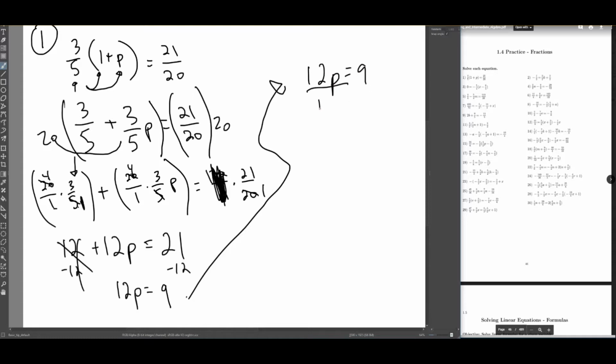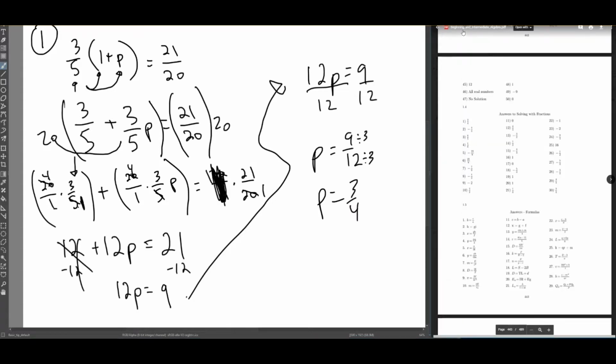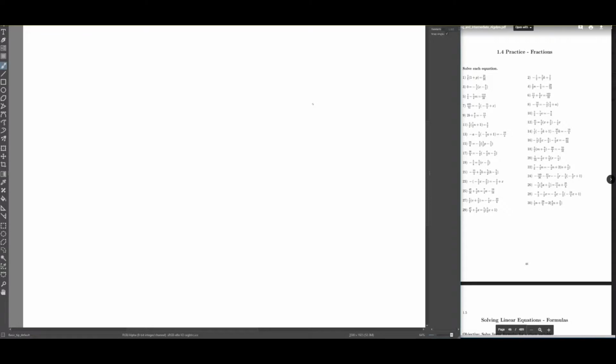Let's divide both sides by 12, and I get p equals 9 over 12. If you divide both by 3, you get 3 over 4. Is that the right answer? Yes, it is. Very good.